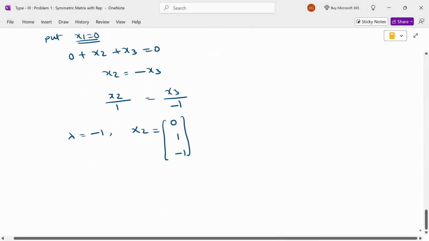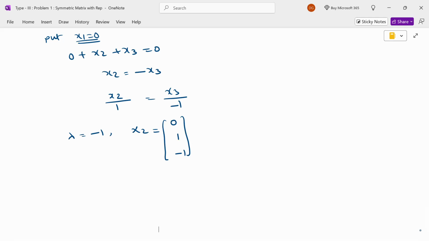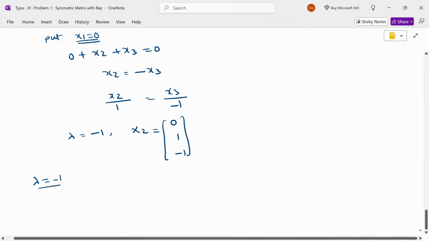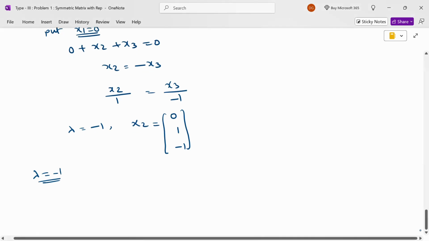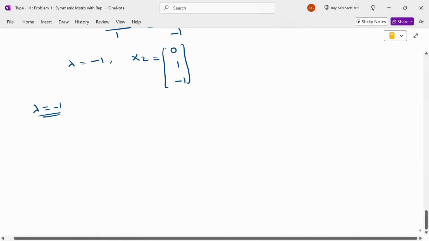Now the problem is symmetric. Normally for a non-symmetric matrix, from the same equation you put the value of any other x2 as 0 or x3 as 0, but for a symmetric matrix don't do that. Now for lambda minus 1, the third eigenvector is considered for orthogonality.